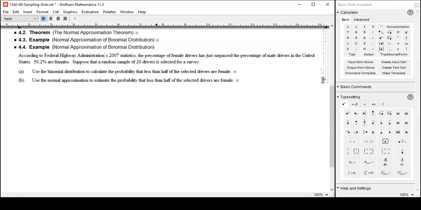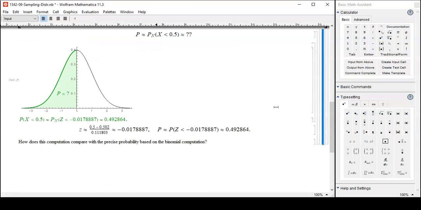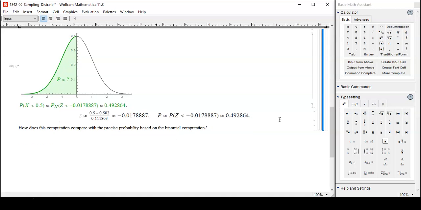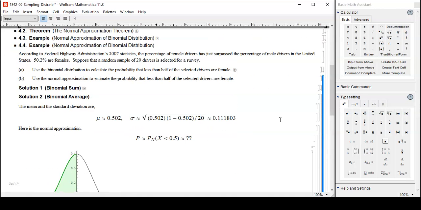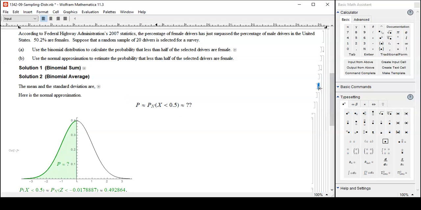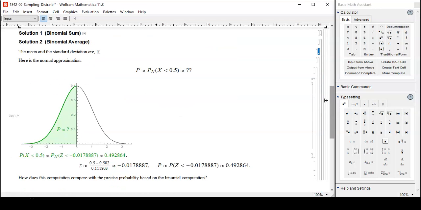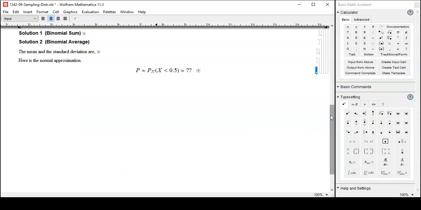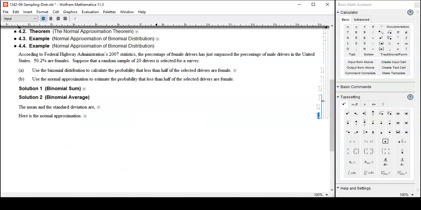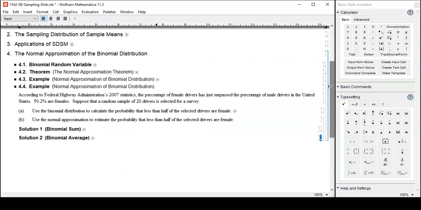But the normal approximation gave us 0.49 something. This is a terrible approximation. What went wrong? Well, number one, the sample size was too small. Just 20, not very good.